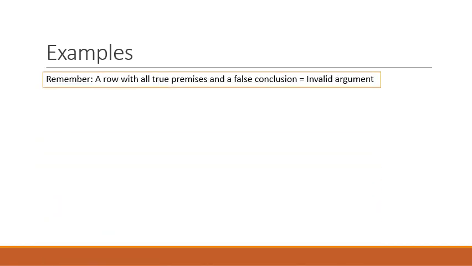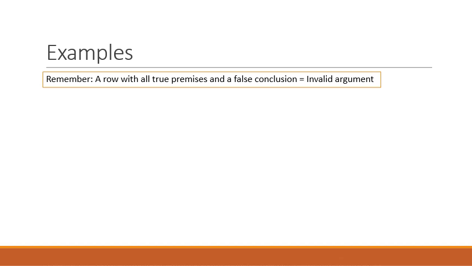Okay, so we're going to continue with some more examples here of how to do this method, just to get you used to filling these things out and then looking for the thing that will indicate invalidity or validity. So remember, a row with all true premises and a false conclusion is an invalid argument, and if that row does not exist, then the argument is valid.